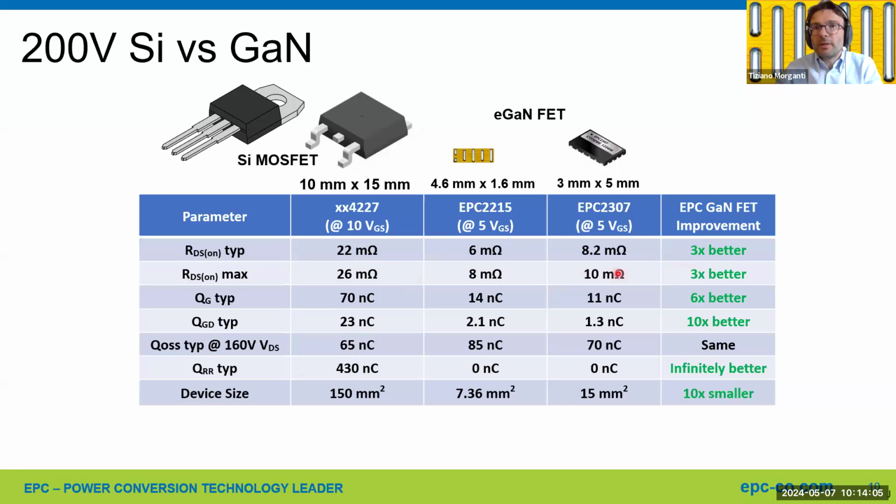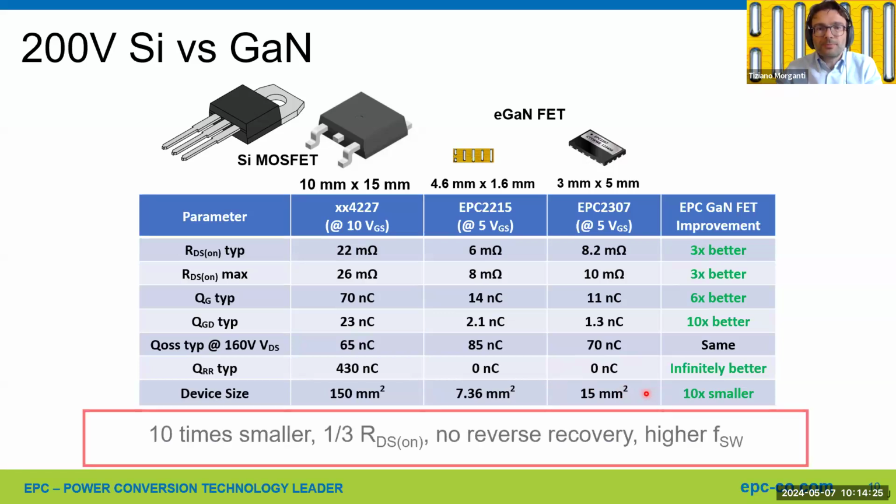We have 3 times lower RDS on, much smaller gate charge, and more or less the same output charge, but with much lower RDS on. We have no reverse recovery, and also the device size is 10 times smaller. These parameters can guarantee lower losses at higher switching frequency.